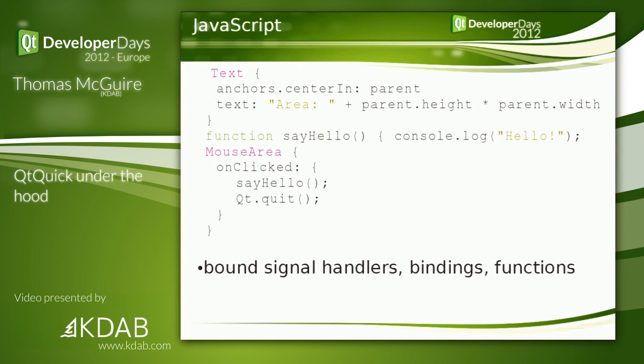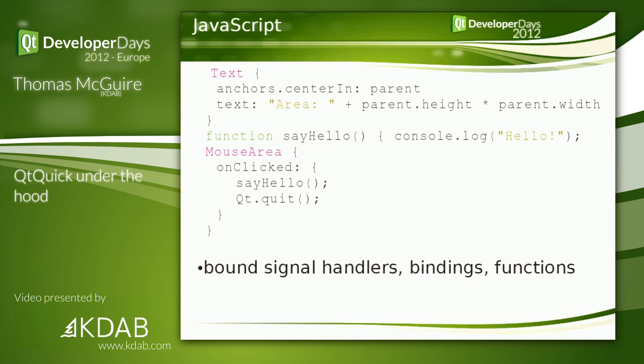We've got a so-called binding here. This is a complex expression that is evaluated by JavaScript. There is a bound signal handler, that's what it's called. It's basically like a slot that has JavaScript code that is evaluated. And then you can have freestanding functions like sayHello, also evaluated by the JavaScript engine.